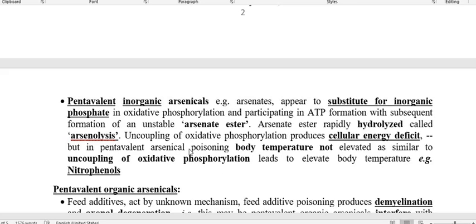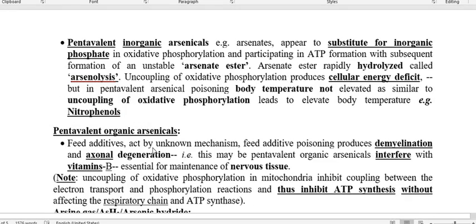So pentavalent inorganic arsenic uncouples oxidative phosphorylation, leading to less ATP synthesis and a cellular energy deficit.